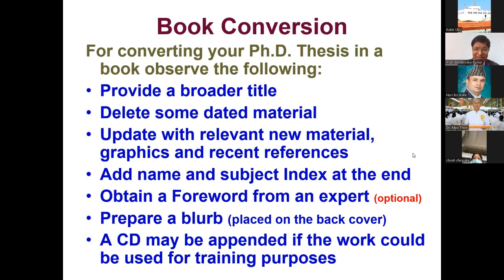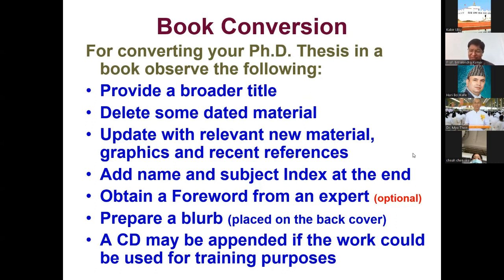You have to modify your thesis, and in that way you can convert your PhD thesis into book form. In book form, the title of the thesis is changed into a very specific and short one, because books do not have such a large title. So there are some things you have to remove from the title.